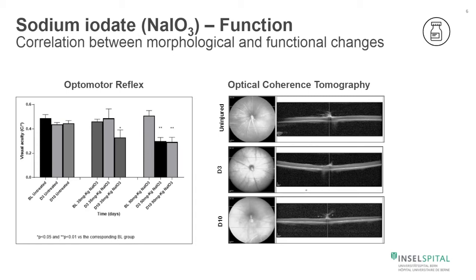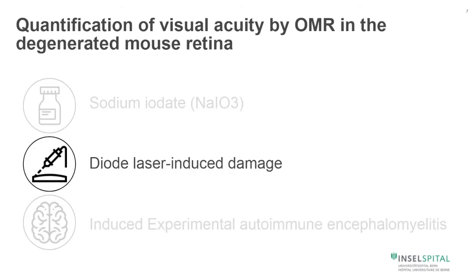And when you compare that to the right, when you look at the retinal thickness in the optical coherence tomography, you see over time a thinning of the retina. So that gives you an idea about the correlation between morphological changes and functional changes.